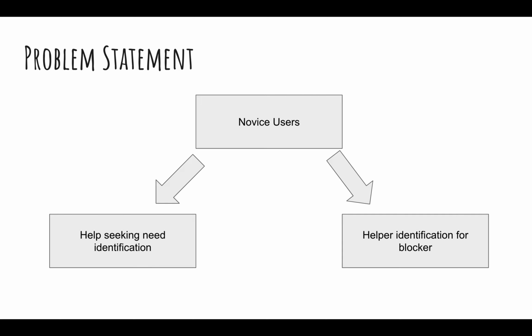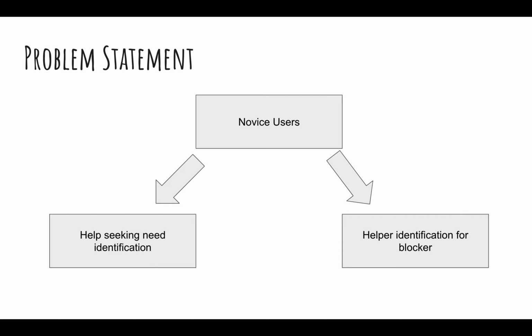It's more of users feeling stuck and not knowing what to do and heavily relying on mentors to get feedback and help them analyze their situation and understand what their need is and further dive into help seeking and resolving their problems.